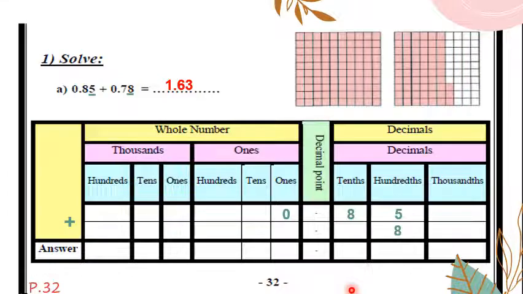Here 8 under the hundredths and 7 under the tenths, decimal point under the decimal point, and 0 under the ones. Let's make adding.